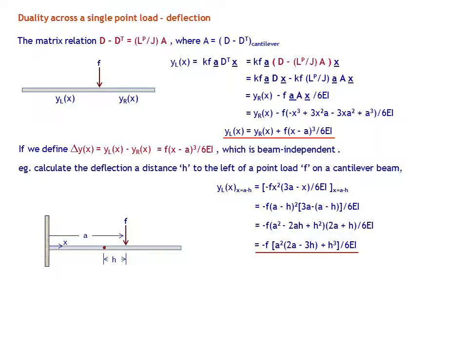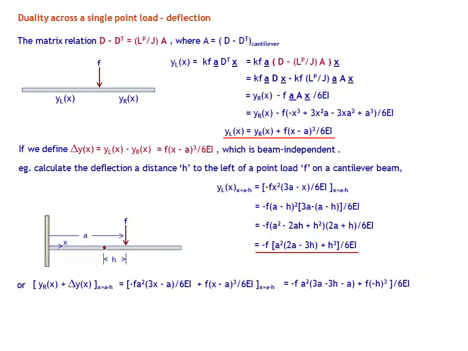Alternatively, instead of using y_L of x, we can use the dual equation y_R of x plus delta y of x, which is equal to minus fa squared into 3x minus a all over 6EI plus f into x minus a cubed over 6EI, all evaluated at x equal a minus h.